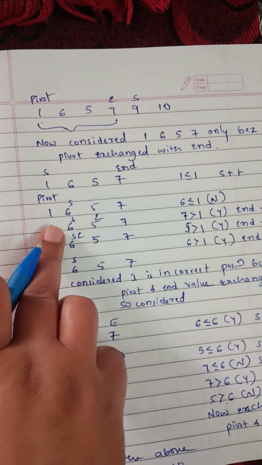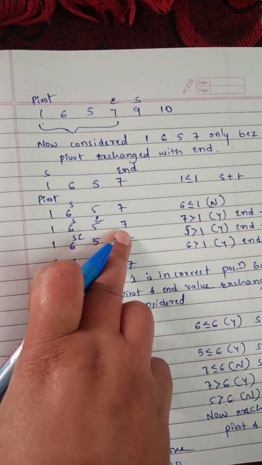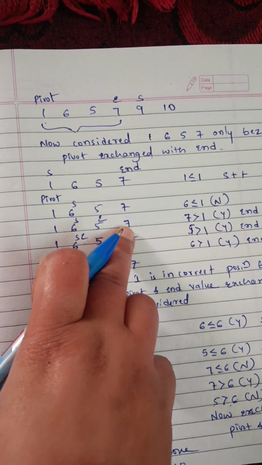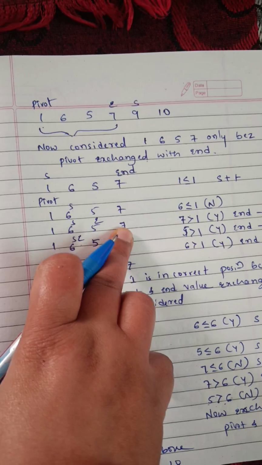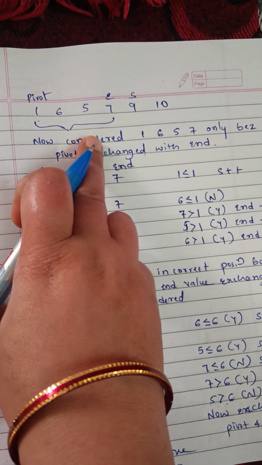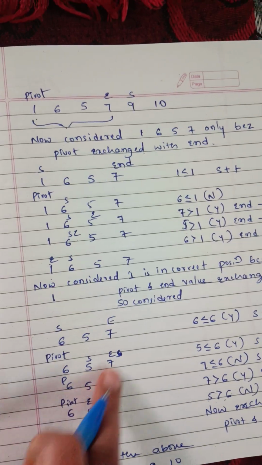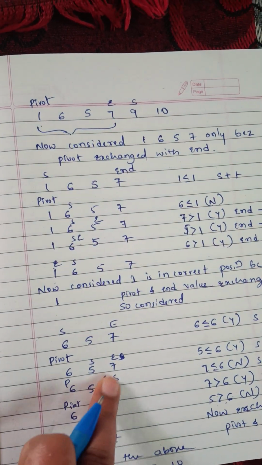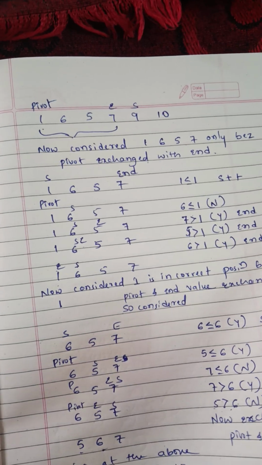The start is incremented. Then you take the end as 7. Is 7 greater than 1? Already 7 is in a correct position. We won't consider all these things. We have to consider 1 6 5 only. It is not necessary to solve all this, and it is a waste of time. Let's take only 1 6 5.